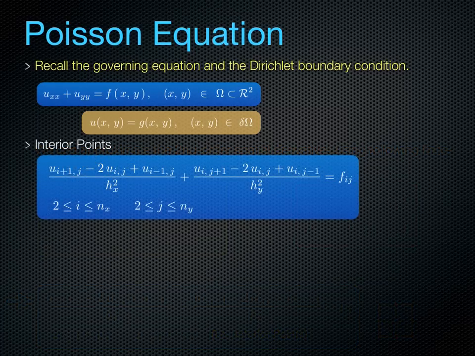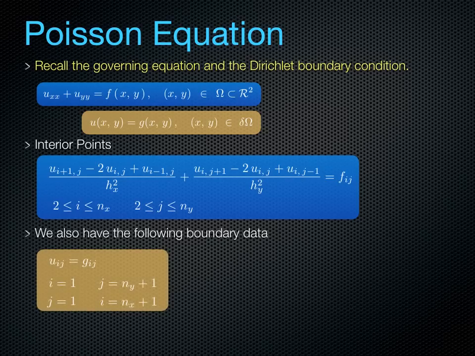As you can see, if I look at any of the interior points, and one of the interior points I'm looking at has a neighbor that happens to be on the boundary of our domain, I would need field variable values from those points. And where do I get them from? Well, I get them from the equation in the yellow box, because they are prescribed through the function g of x and y. This means that I am indeed going to have as many equations as unknowns.